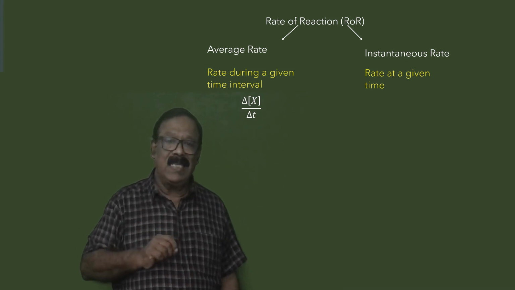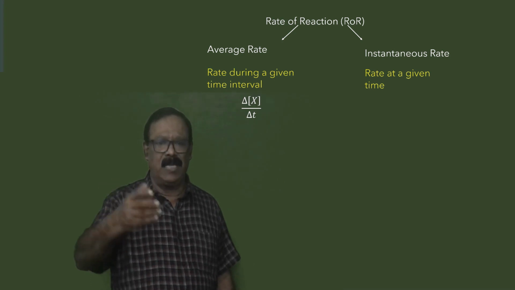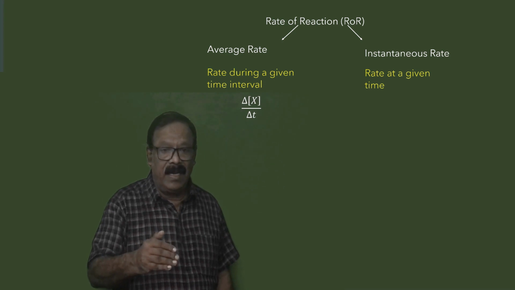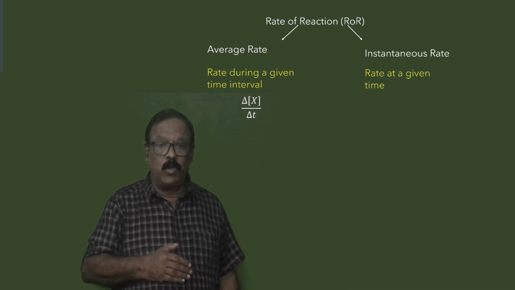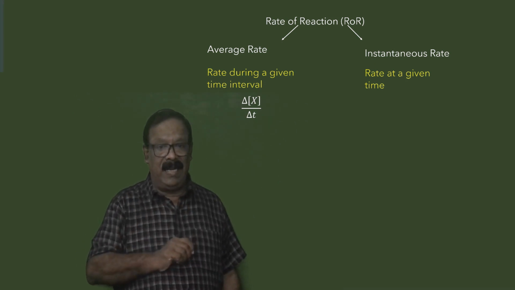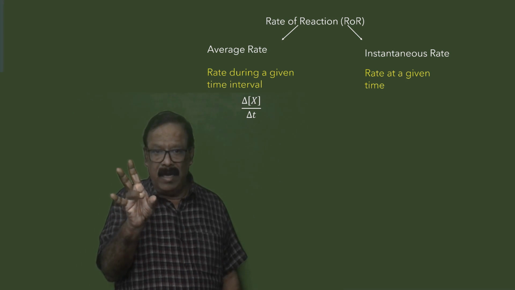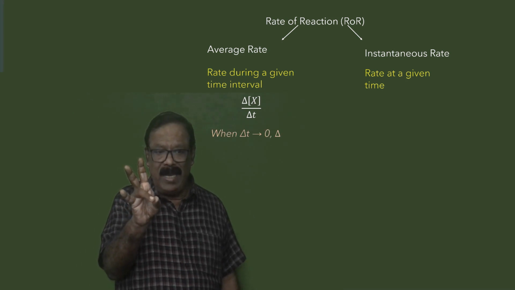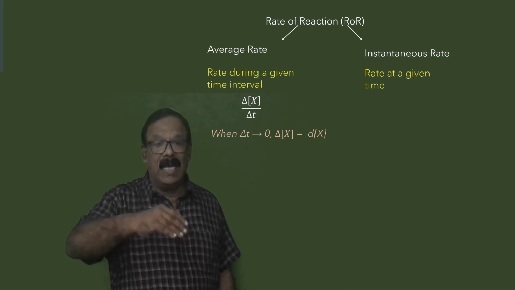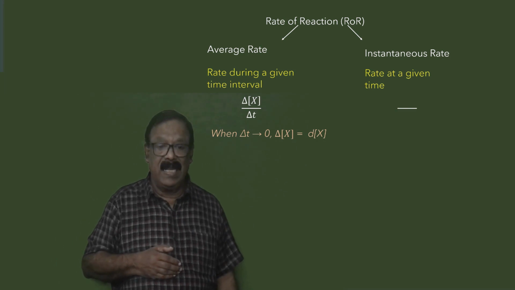So delta x is the change in concentration of x, where x is any substance, divided by delta t, the change in time. So average rate is usually expressed as delta x by delta t. When the time interval comes closer and closer, it goes on decreasing, and finally when delta t approaches 0, delta x is replaced by dx in the instantaneous rate.